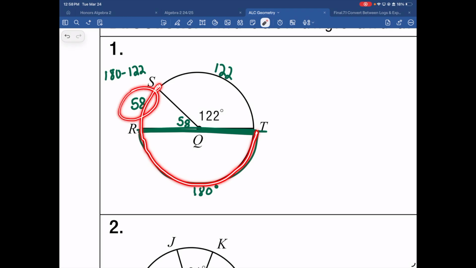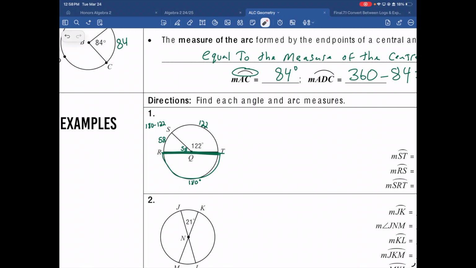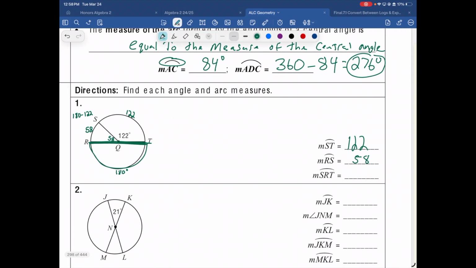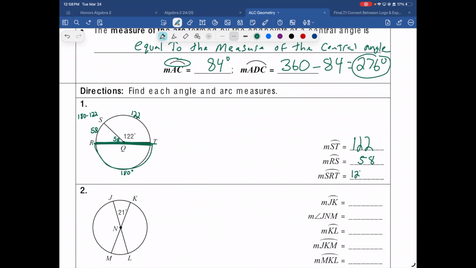So now I need to take 58 and 180 and do what with them? Subtract them or add them? Add them. So if I take 158, 122, nope. 58 plus 180, I get 200 and, hey Siri, what's 58 plus 180? 58 plus 180 is 238.